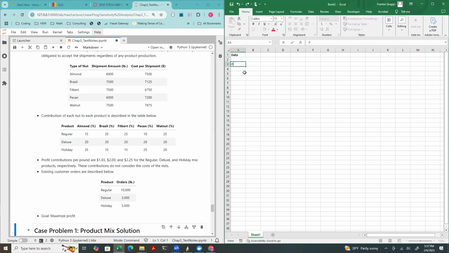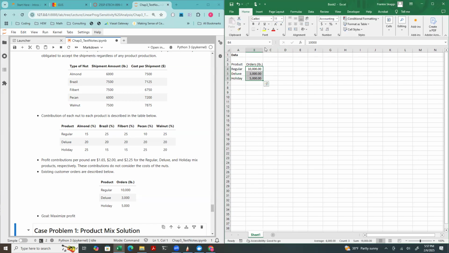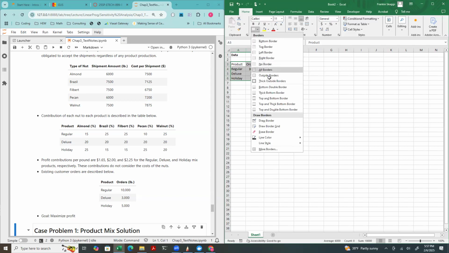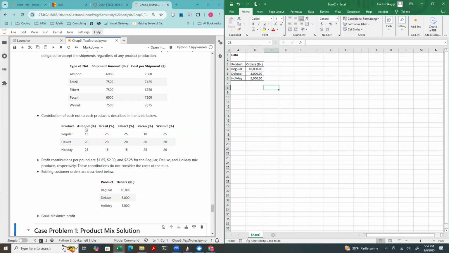Let's look at the product and orders pounds. We'll start with that one. There's our first table. Then we'll get this table here as well.